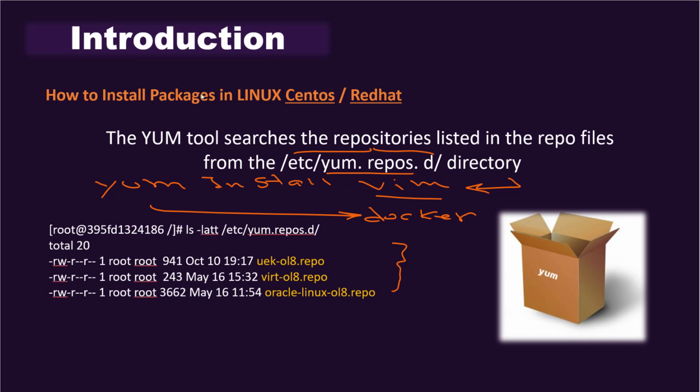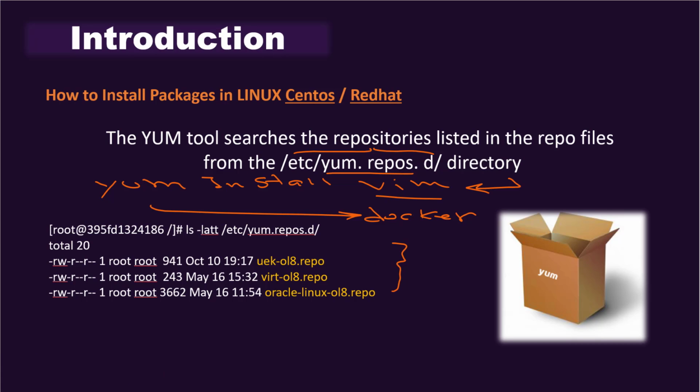So when Yum wants to install an application or package, it will go and check these repositories. If the requested application exists in these repositories, it will go and install it on your machine. If it couldn't find it, it will show you that it cannot find it.